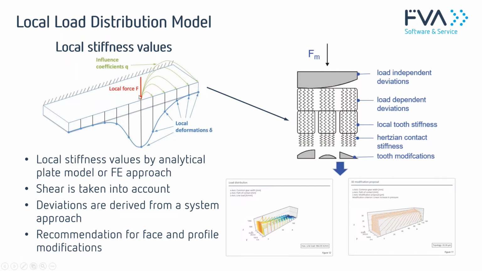So if you apply a load on this position, all the other positions are deflected also. And again, we get as a result the local load distribution, here not only along the face width, but also along the profile. And we get a modification proposal to achieve a constant or a good load distribution, not only along the face width, but for the whole tooth flank in profile and in lead direction.